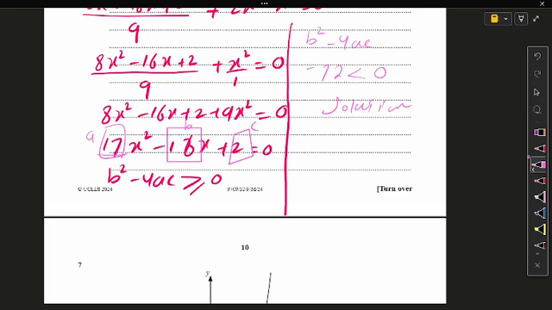The solution doesn't exist. It means the tangent is not equal to 0.